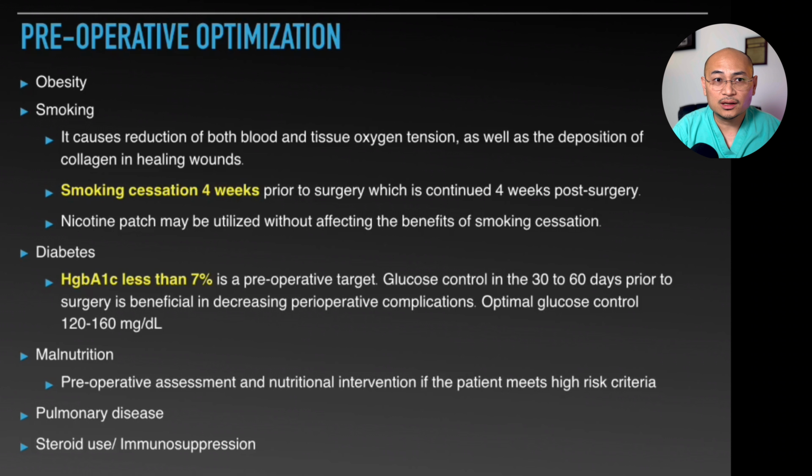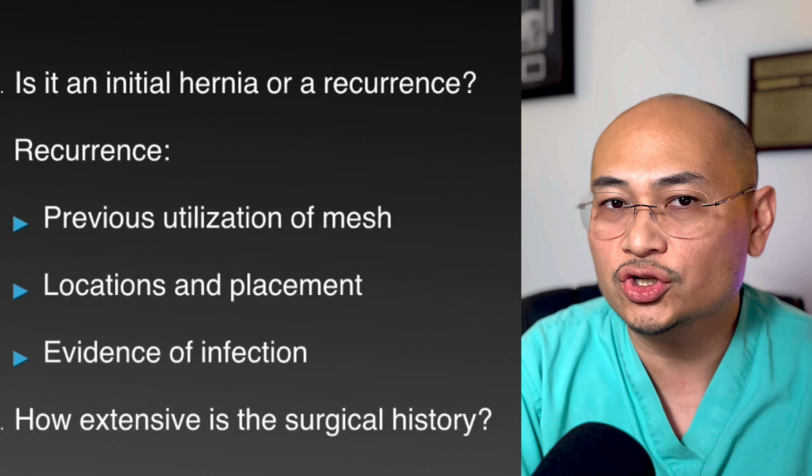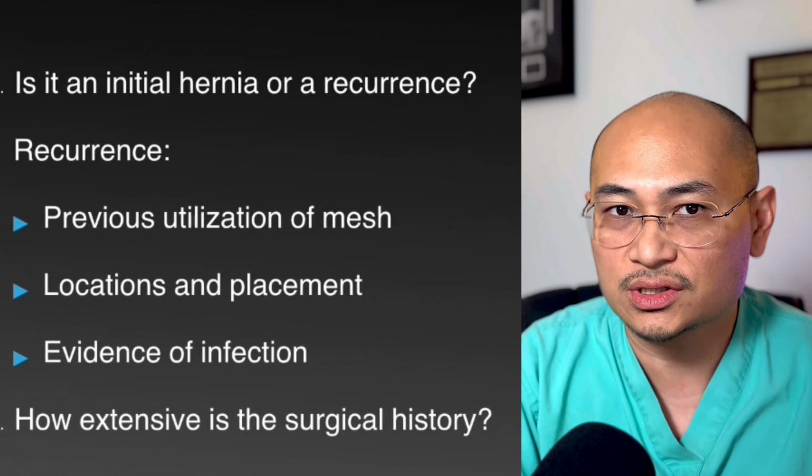More importantly, once we've isolated the medical issues and optimized them, including their social issues, we have to pre-plan the surgery. And how are we going to fix it? Well, this is based on our description of the hernia and their post-surgical history. Their surgical history dictates whether this is an initial repair or a recurrence.